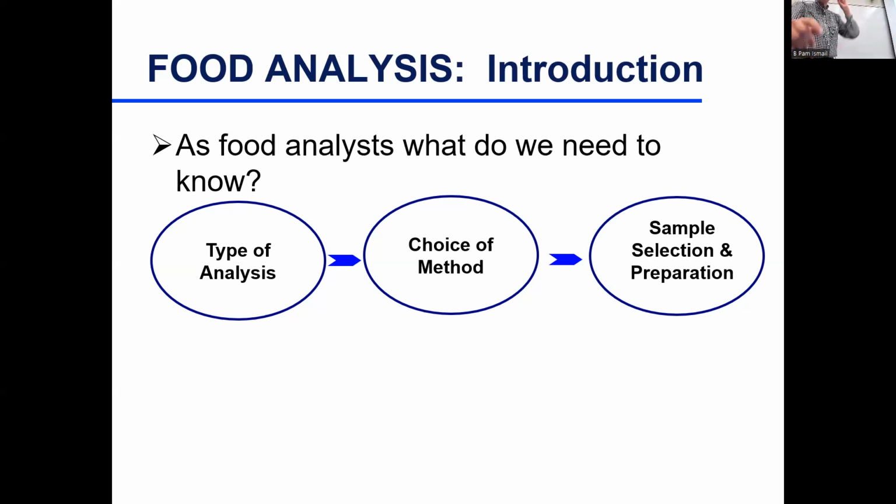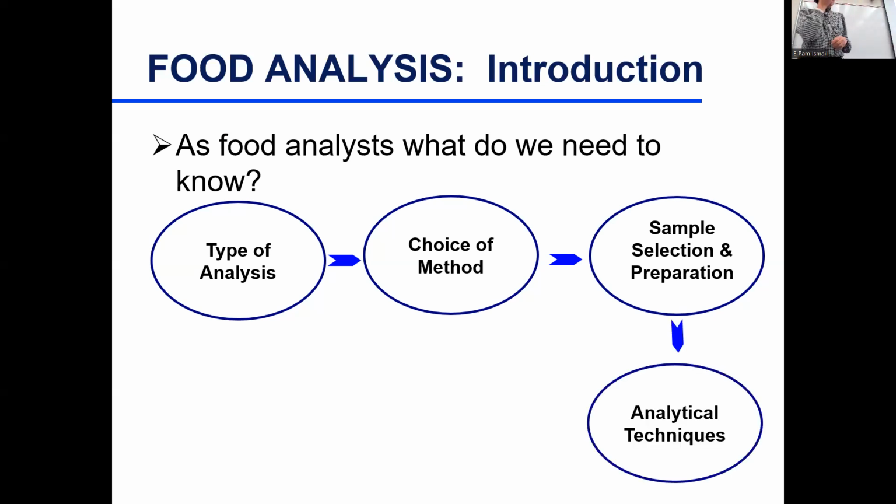And there are certain steps to make sure that the sample is homogeneous, ready for analysis, and also stored adequately so that we don't change the characteristics of the sample until the analysis has been performed. Then we're going to talk about analytical techniques.